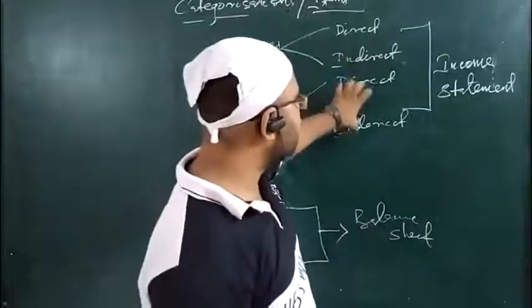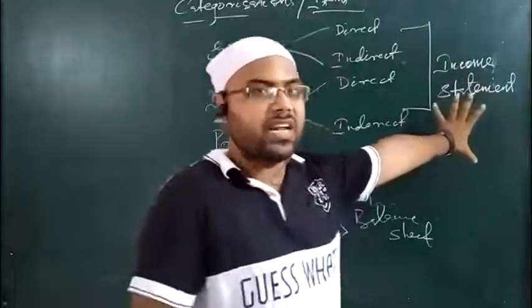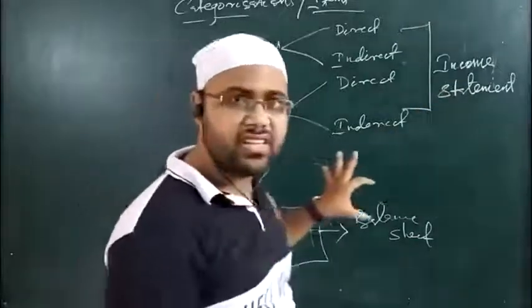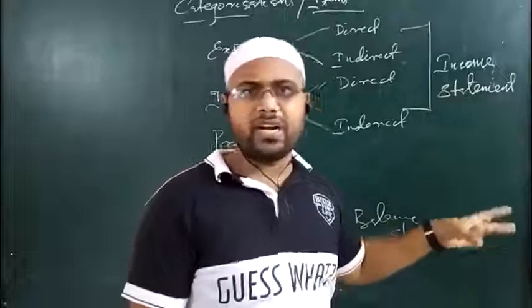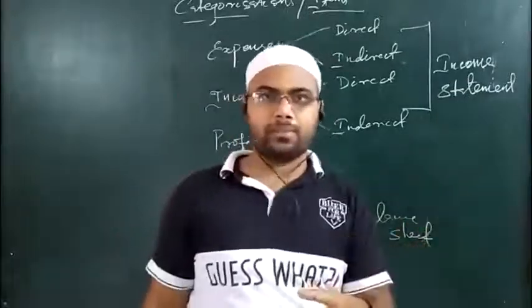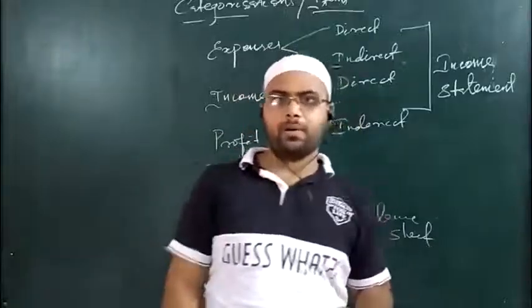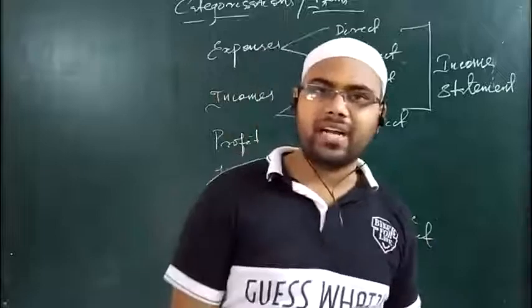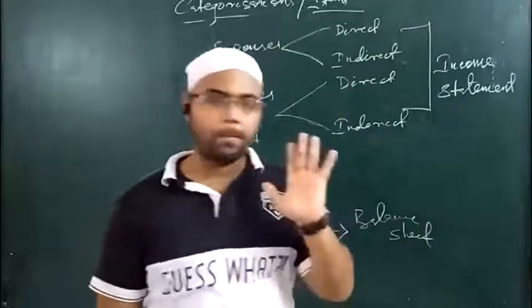And you know, profit and loss categorization is not needed here. What you get as gross profit and net profit is called revenue profit. When you sell some assets and get profit, that is called capital profit. In my video on receipts and payments, I have already explained it with better examples. So if you have any problem or doubt regarding that, you can watch that video again.